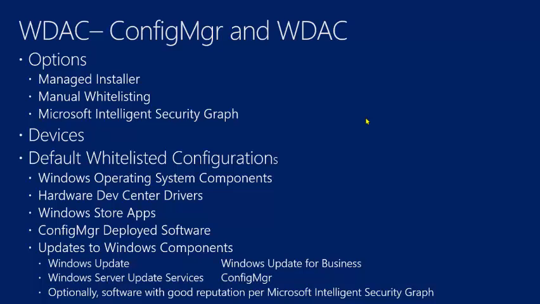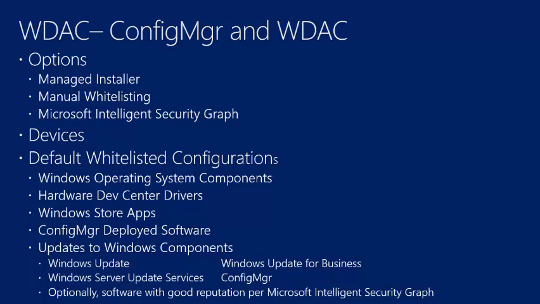So a managed installer is basically you configuring something like Config Manager, something like Intune, maybe a third-party solution that installs things in your environment, as an approved and trusted entity. Anything that's installed through that pathway will automatically be trusted by Windows Defender Application Control and allowed to run.